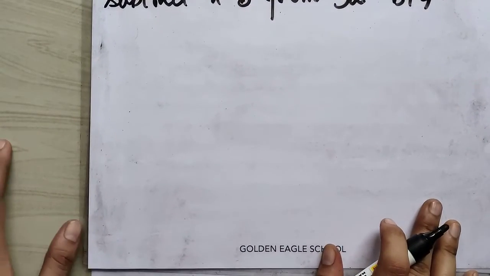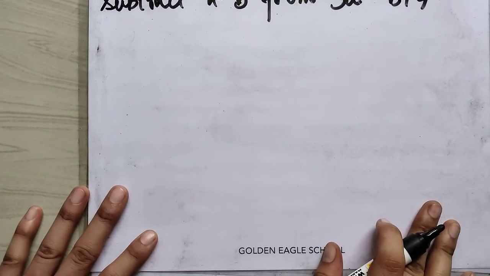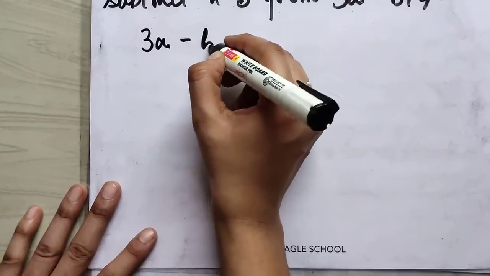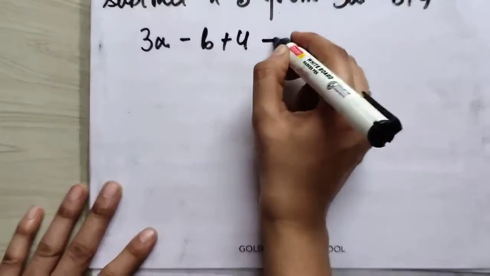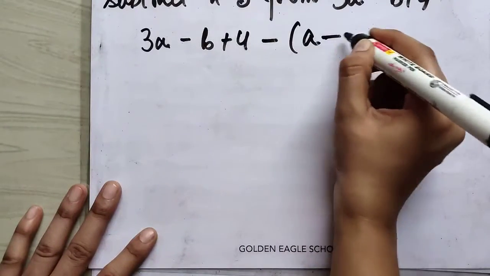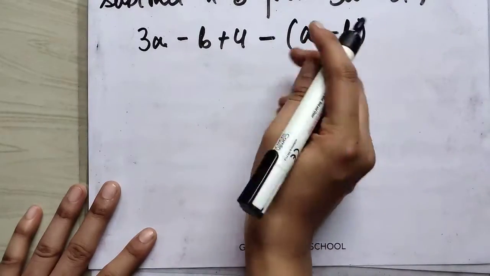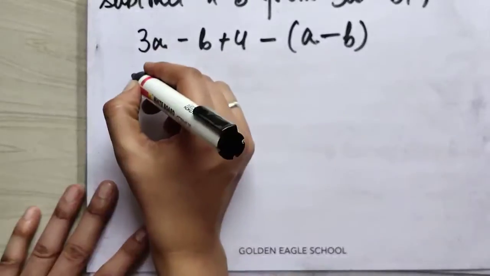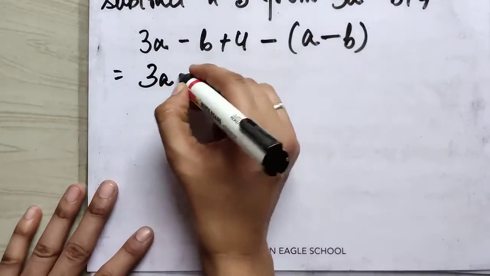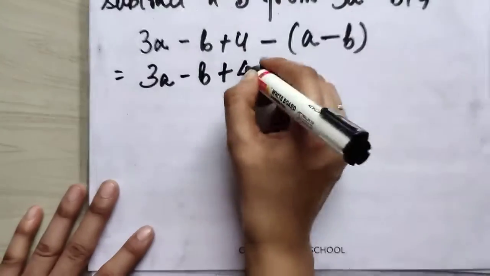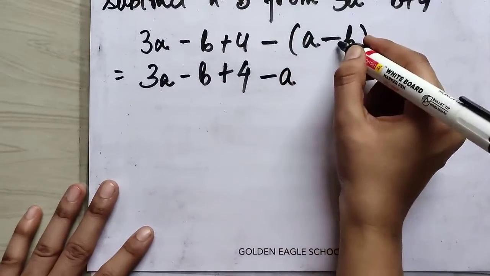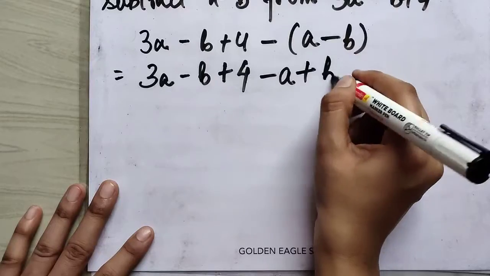So 3a minus b plus 4, subtract a minus b. Whenever you are subtracting some expression, you have to keep that expression in a bracket. Now opening the bracket, the signs will change. Whatever had a positive sign, a, will be negative. b had a negative sign, this will become positive.